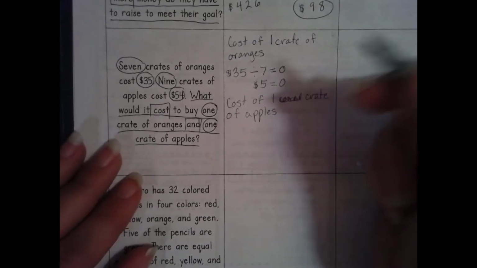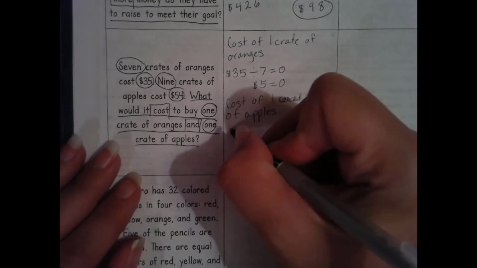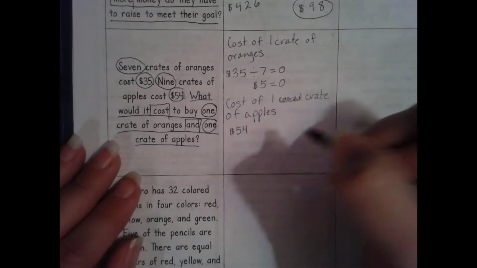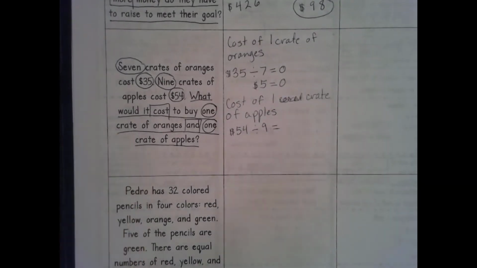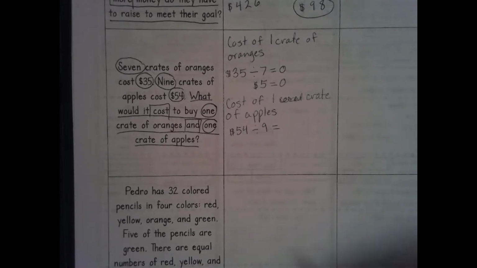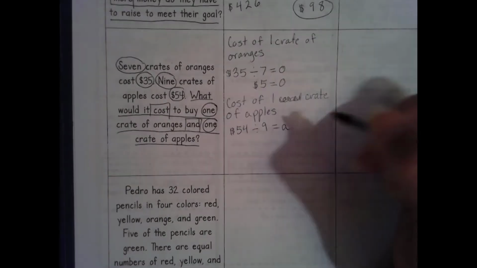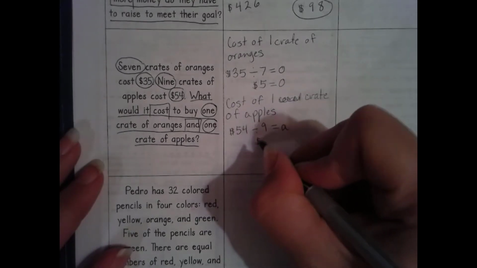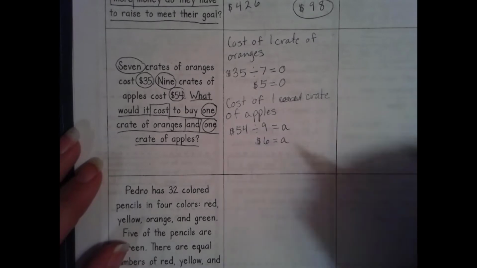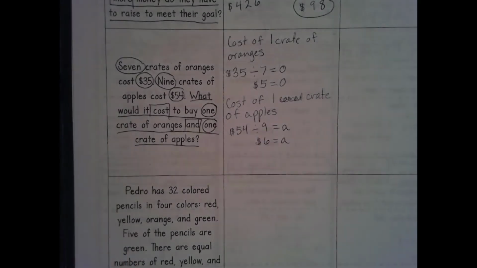So again, I know the total for the 9 crates, and they're divided into equal groups. So since I know the total, I subtract or divide. Since I'm making equal groups, I'm dividing. So 54 divided by 9 is $6. So 1 crate of apples is $6.